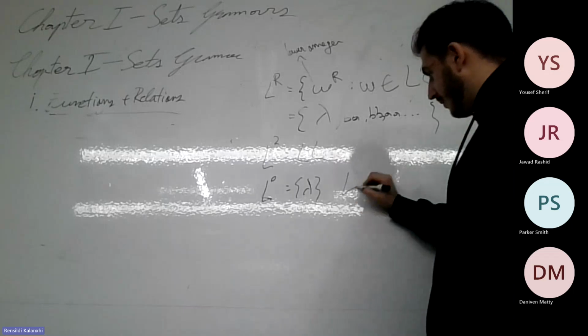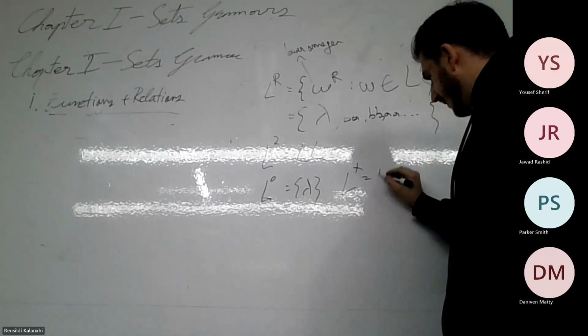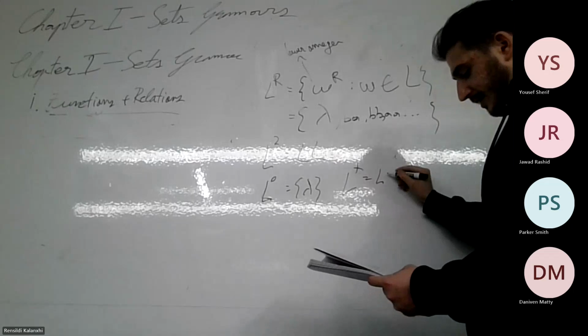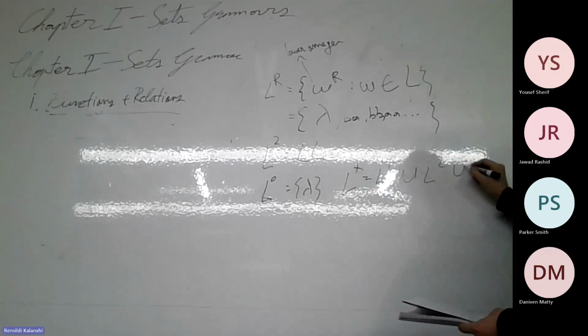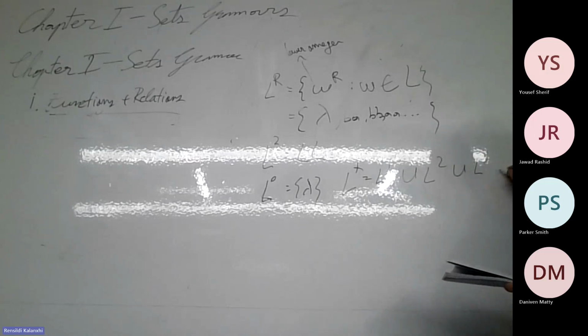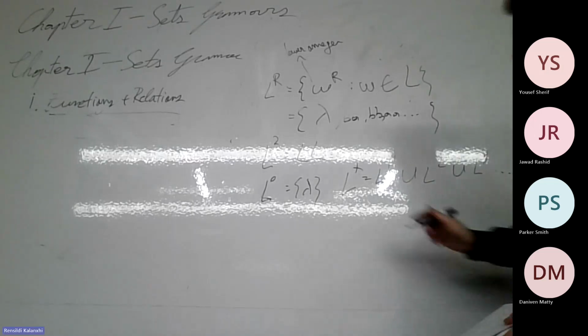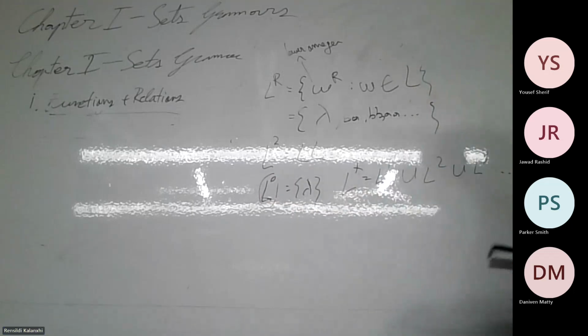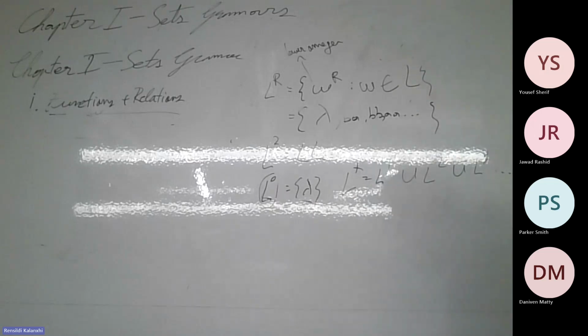Okay, so L plus is L1 union L2 and 3 and so on. So just not include L0 basically, because it's a lambda.